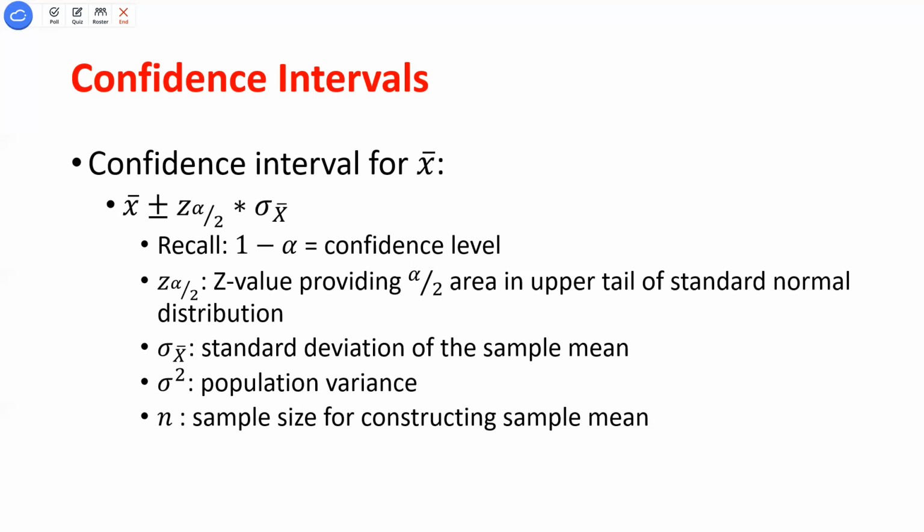When I add that to my sample mean, I get my upper bound and my upper limit. When I subtract that margin of error, I get my lower bound and my lower limit. So I'm shorthanding this. You could really think about this as representing two equations. One where I add that margin of error, one where I subtract it. That should give me my lower bound and my upper bound.